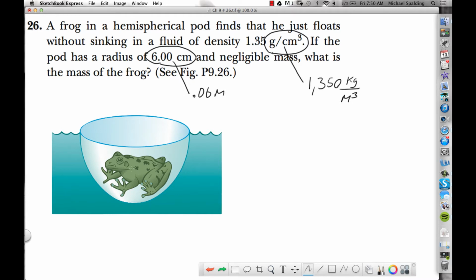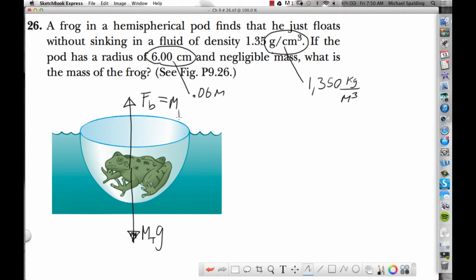All right. So what's the downward force here? mg for the toad, right? And then what's the upward force? The buoyant force. Now, what does Archimedes' principle tell us about the buoyant force? The buoyant force will always equal the weight of the displaced fluid.